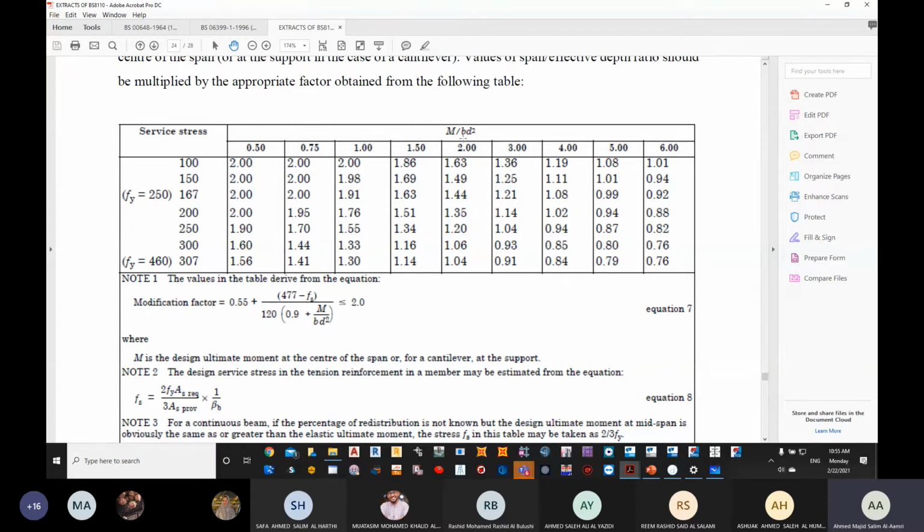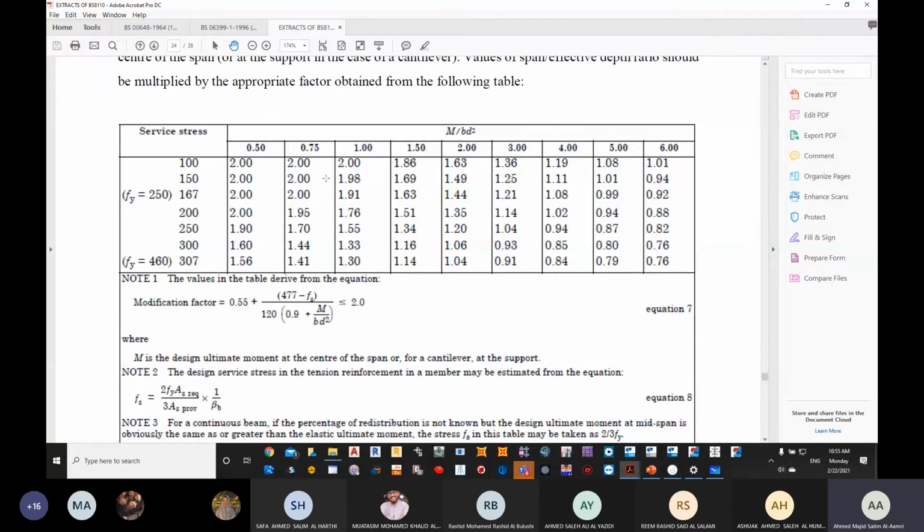You have M over bd square, and this represents how heavily reinforced the element is. Here we have very little reinforcement, then lightly reinforced, medium reinforced, then moderate reinforcement, and as you go down, it becomes heavily reinforced.